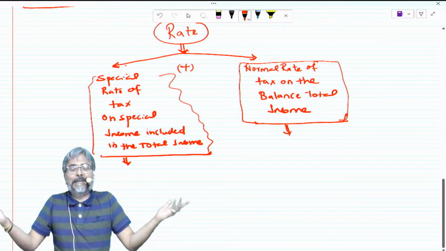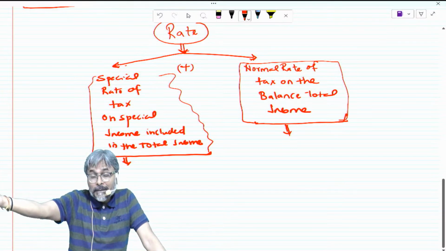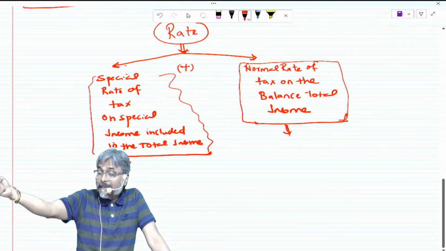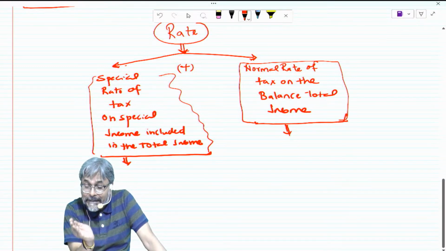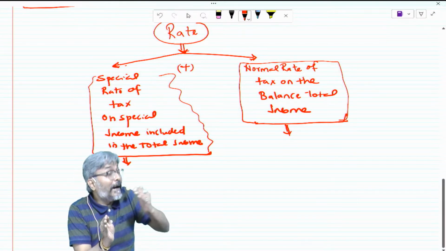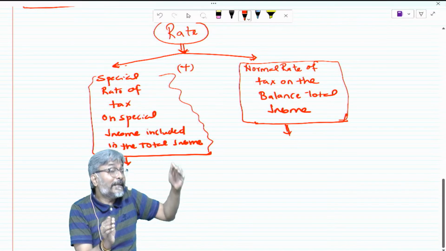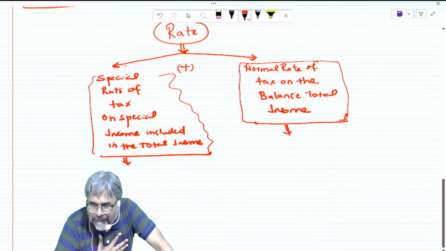Why? Because whatever I have got, I got without putting in any hard work or much investment. So can the government think of charging a higher rate of tax on that income? The answer is yes.